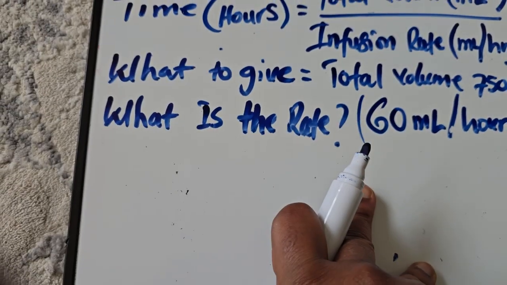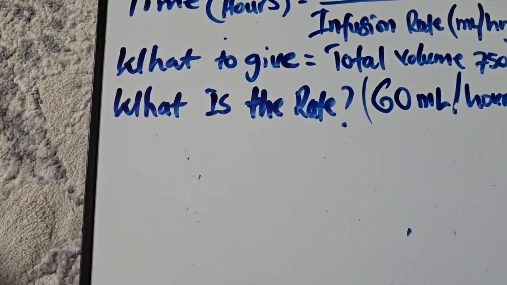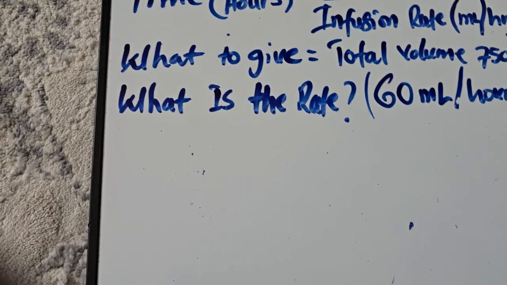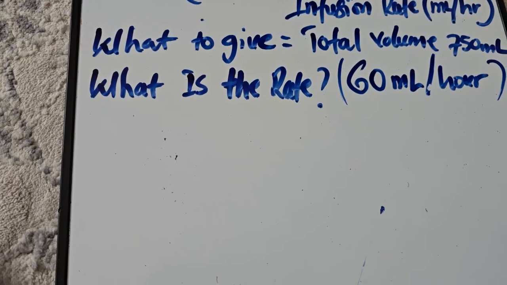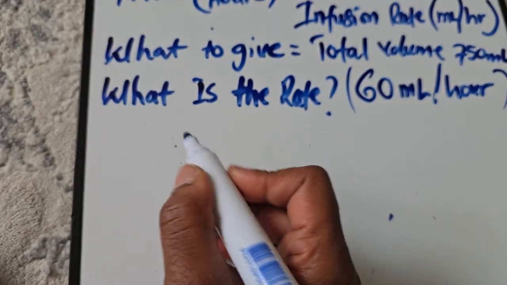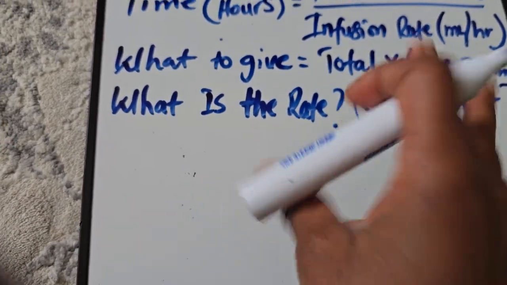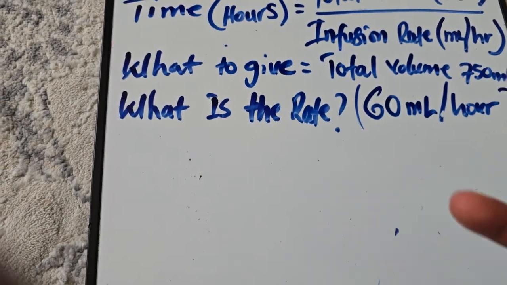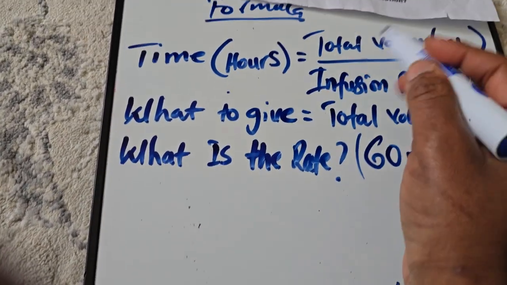Now, we've set stuff down. Now let's set up our equation. This is going to give us a clear picture of how we are going to solve this question. So straightforwardly, we should set our equation by making sure that we divide the total volume by the rate as the formula told us here.